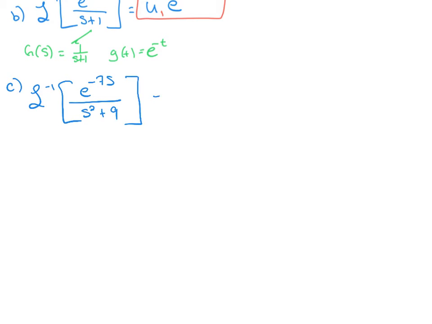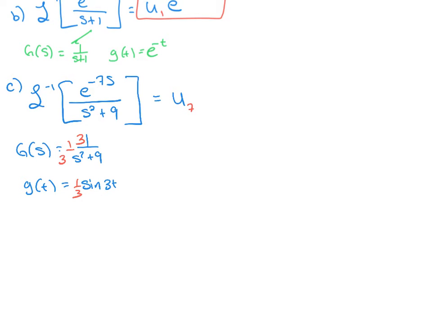Okay, so this came from a unit step function at 7, and g of s is 1 over s squared plus 9. Okay, that is a sine of 3t, although it needed a 3 in the top, so we need to compensate with a 1/3 out front.